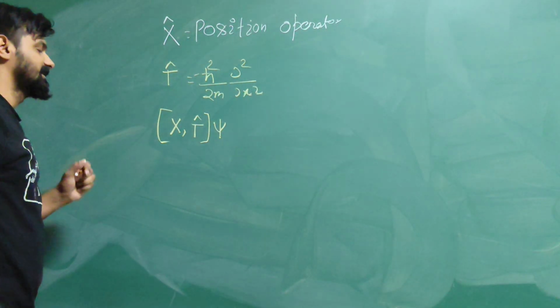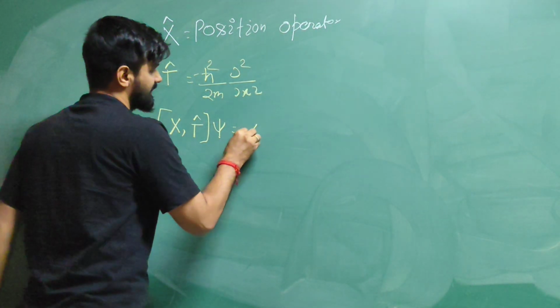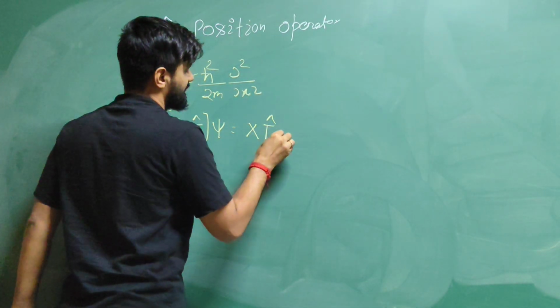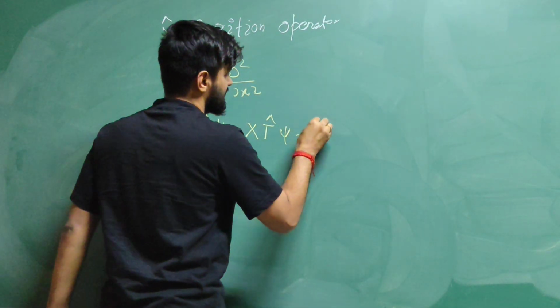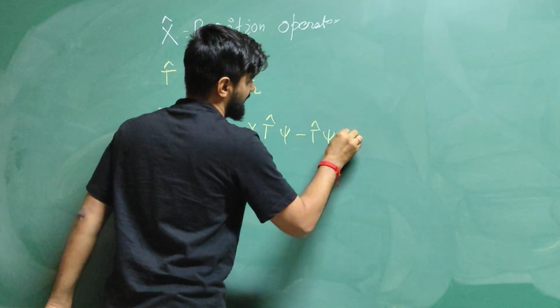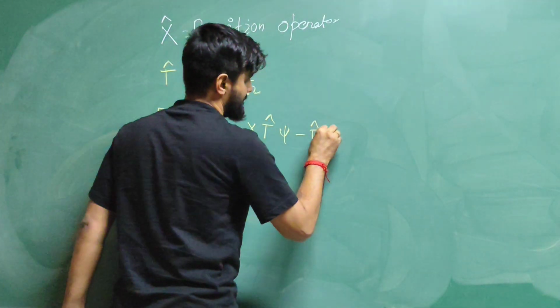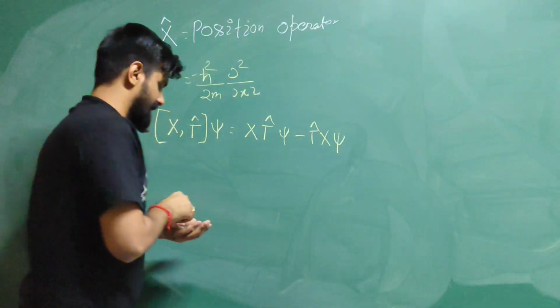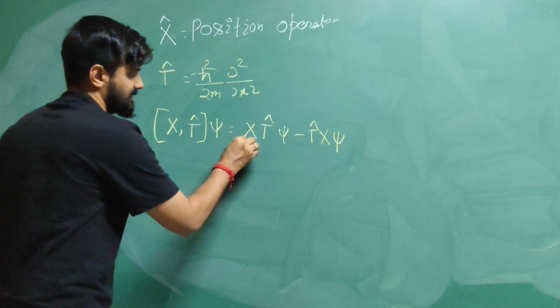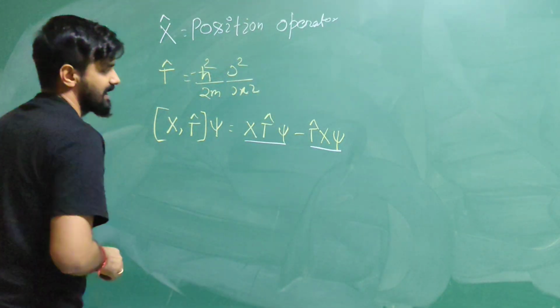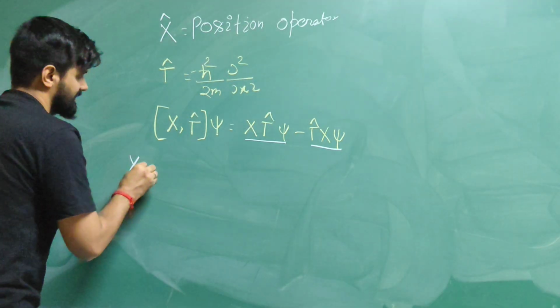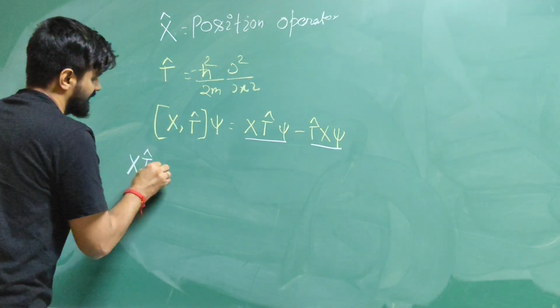the position operator commute. The commutator of the position operator and the kinetic energy operator can be written as x T cap of psi minus T cap x of psi. I'll write both of these parts separately. First I'll start with x T cap of psi.